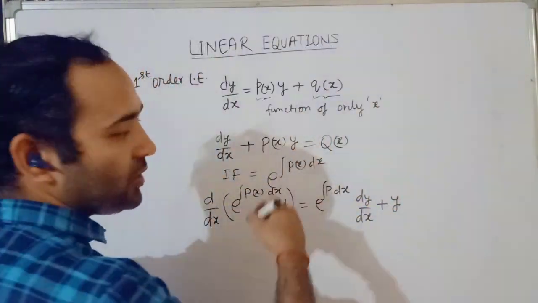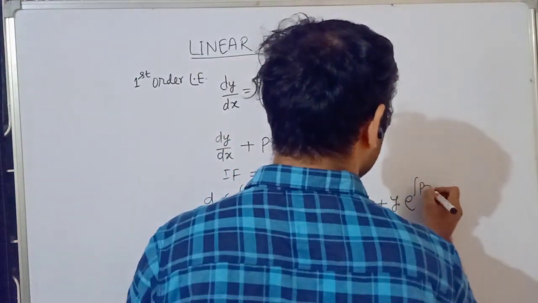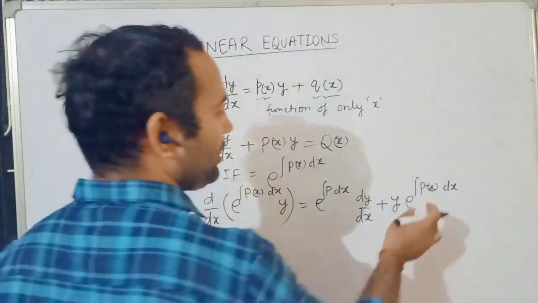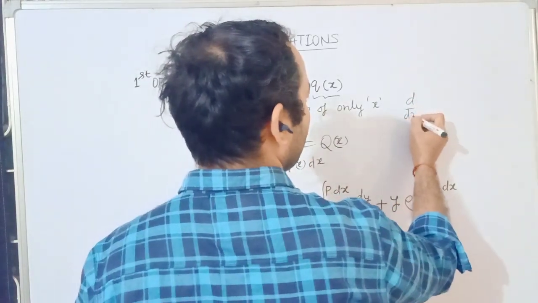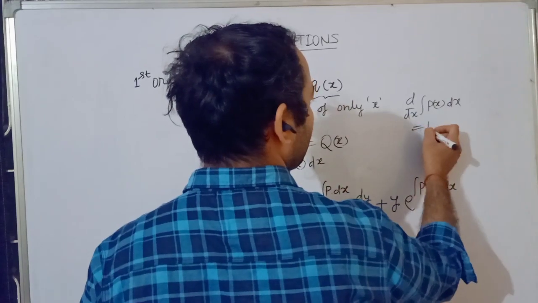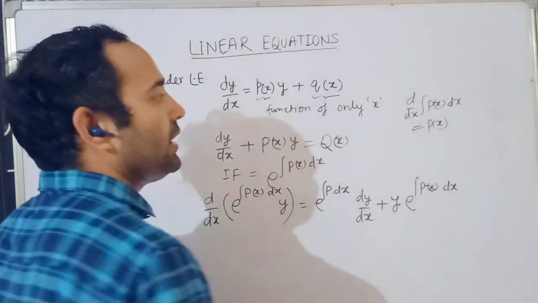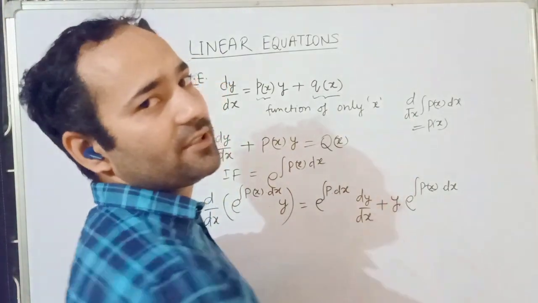It's like e to the power x, whose derivative is e to the power x, but it is a nested function, right? So in a nested function you have to differentiate the inner part also, and if you differentiate the integral of P(x) dx with respect to x, what will you get? Just P(x), right? Consider it like this: dx and dx cancel out, or you can consider it the inverse of integration.